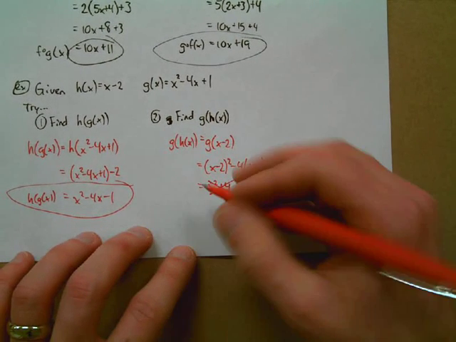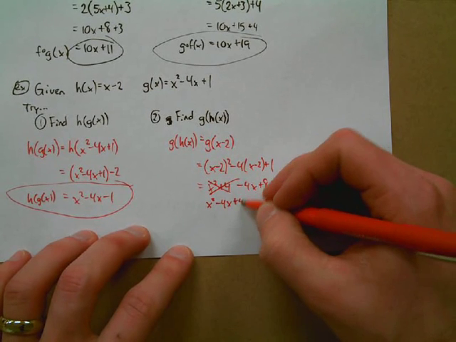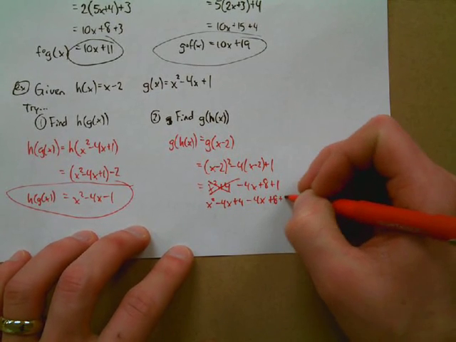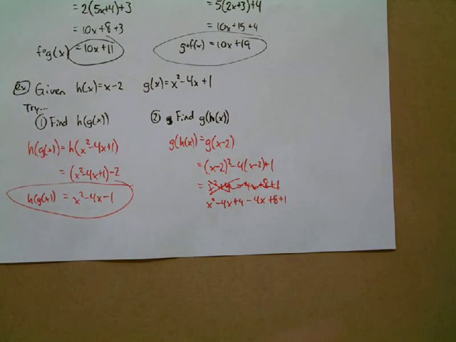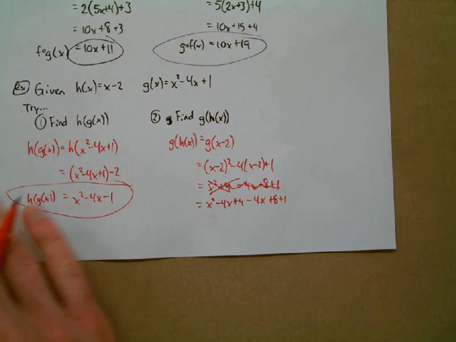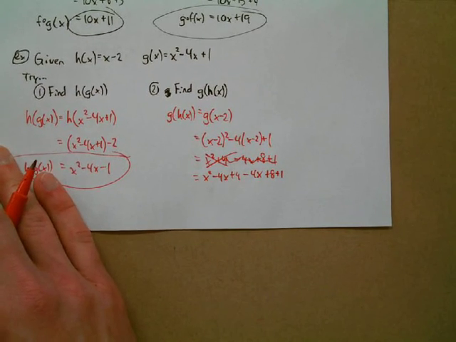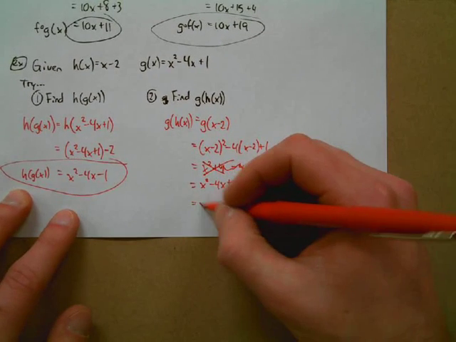You've got to FOIL that out: x minus 2 squared is x minus 2 times x minus 2. I didn't see anyone do that, though. There it is. Combine like terms: x squared minus 8x plus 13. And there it is.